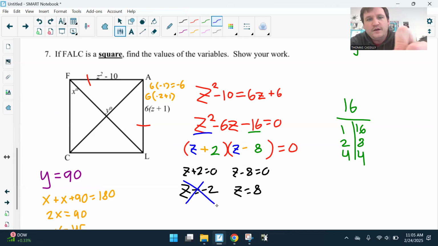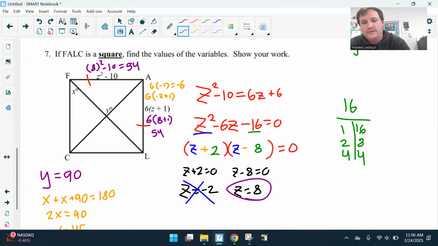The next one here is going to be 6 times 8 plus 1, which is 6 times 9, which gives us 54. If I go up top here, I'm going to have 8 squared minus 10. 8 squared is 64, minus 10 gives us 54. So z equals 8 is the correct answer here.